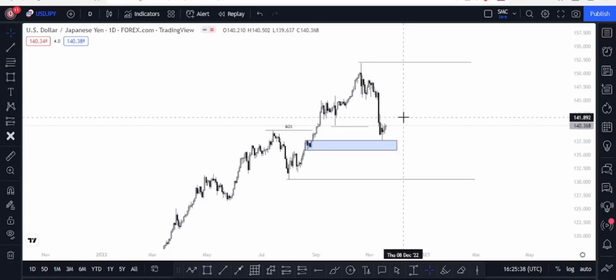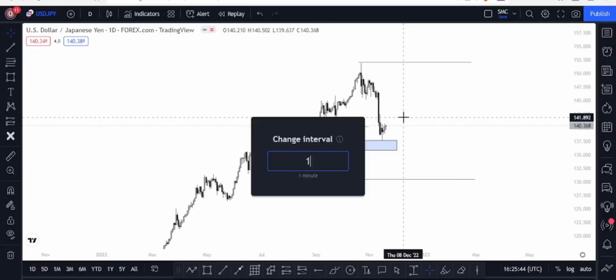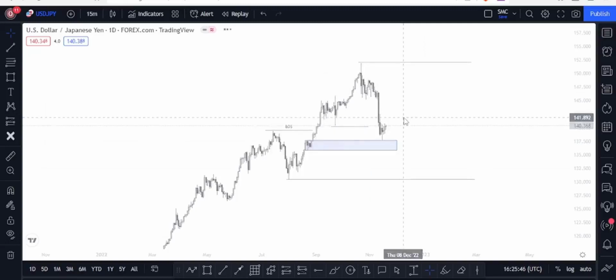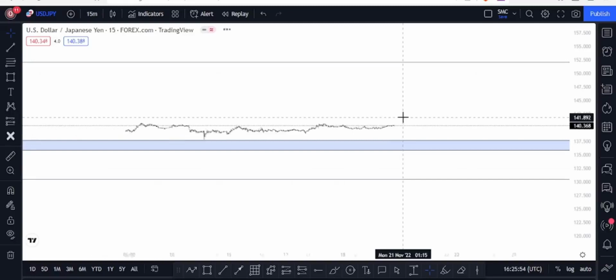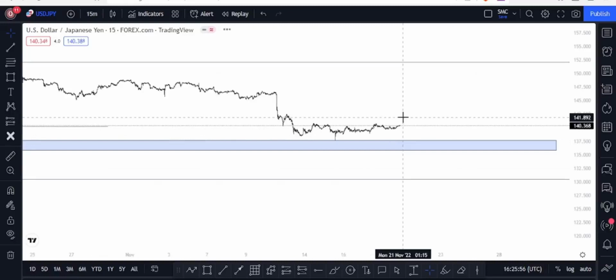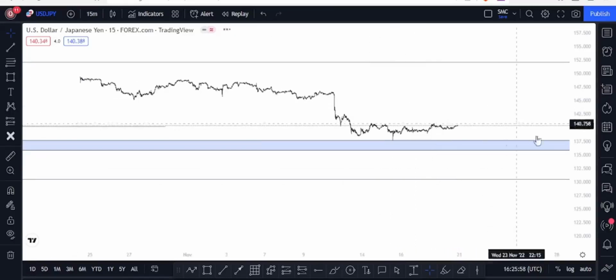Now, what are we expecting on our 15M concerning dollar yen? So let's look at it on the 15M and see what we can be expecting from the market this week.